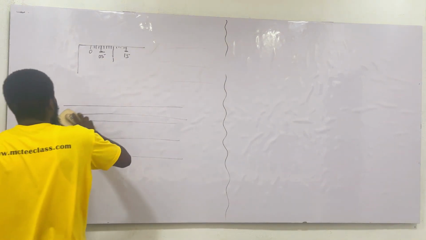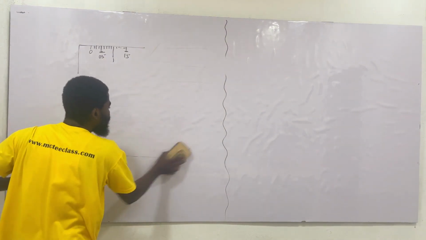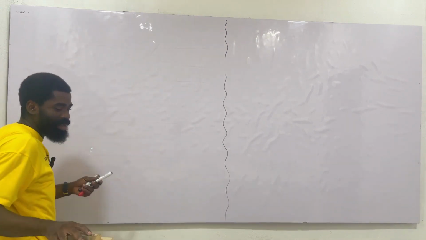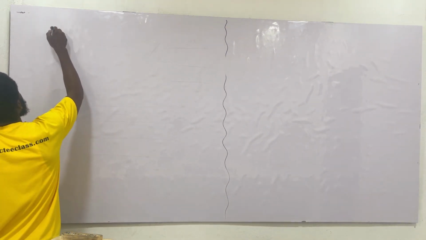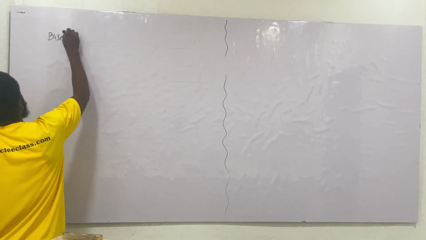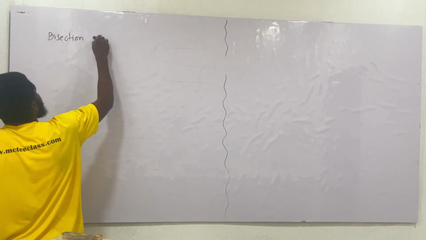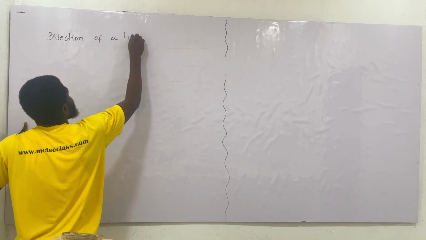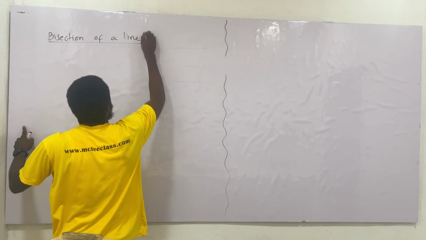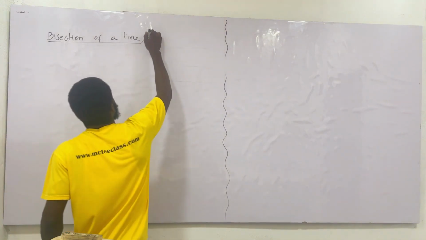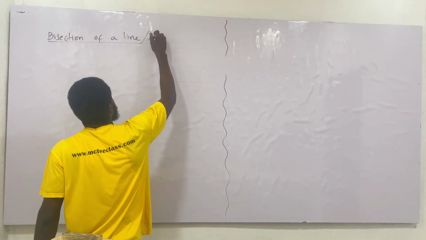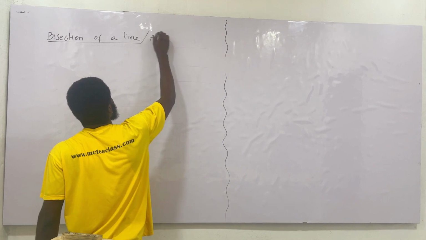Okay. So now let's start straight away by bisecting a line. Let's go with bisection of a line. The question of bisection of a line will either say bisect a line, or the same thing will be phrased as a locus.